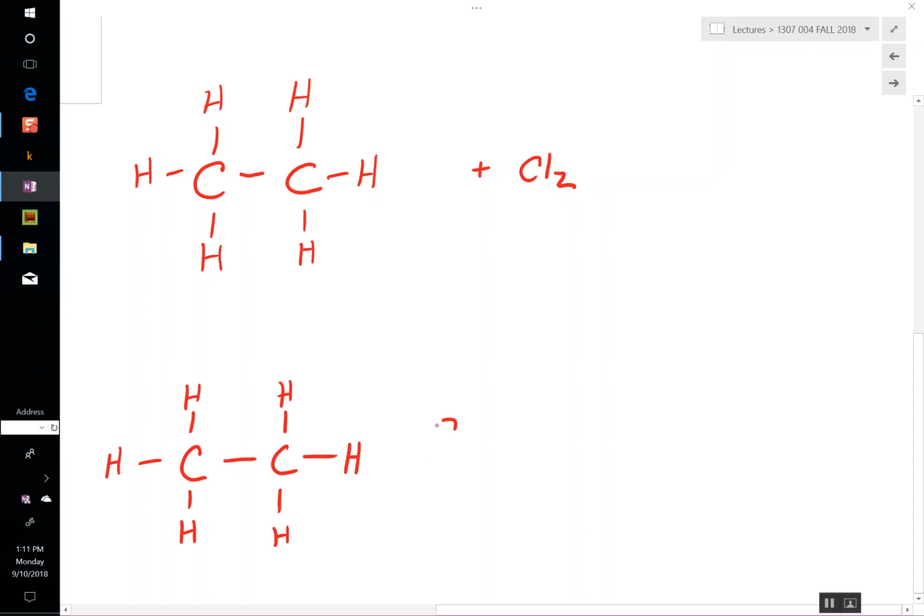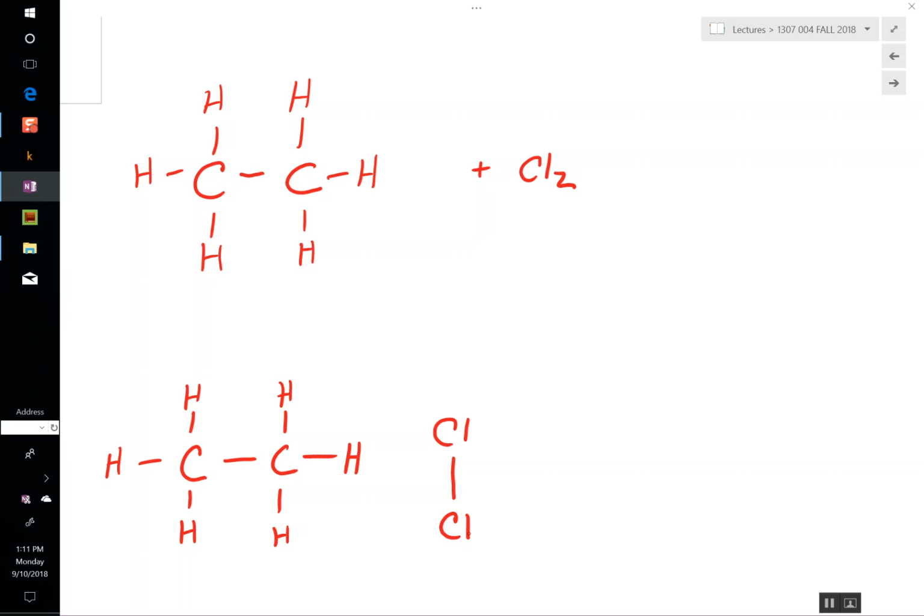Just to kind of depict what is going on. This is halogenation. That would be the general name of the reaction. More specifically, it is chlorination, because it is chlorine that's reacting with the molecule. Chlorine is the halogen that is reacting.